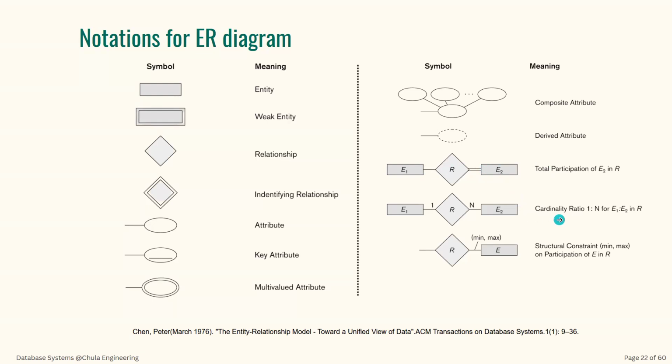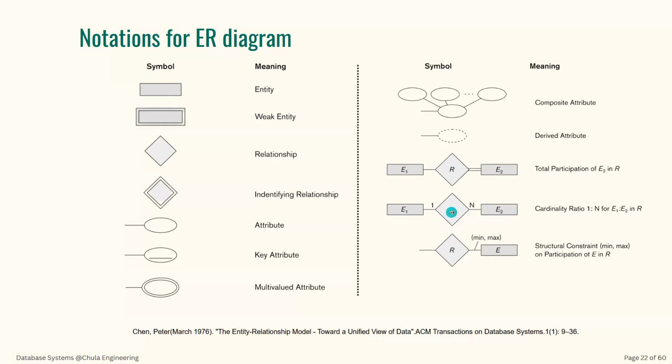Now, the next term is called cardinality ratio. For cardinality ratio, you probably hear it a lot. It's like one to many, many to one, many to many. So within the database, we signify it with the letter and number here, like one is one, n is many. You can use m or n. So right here we have the relationship E1 and E2.